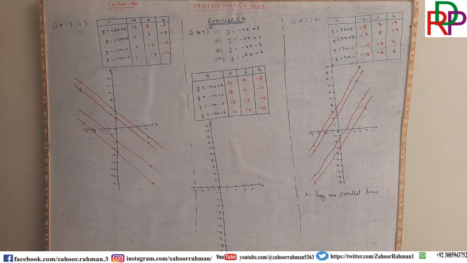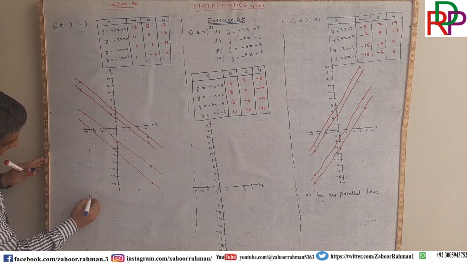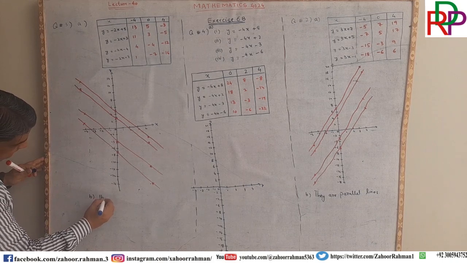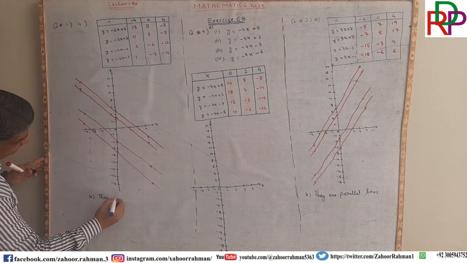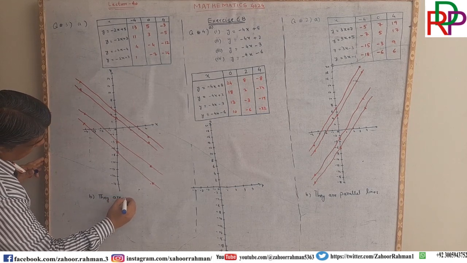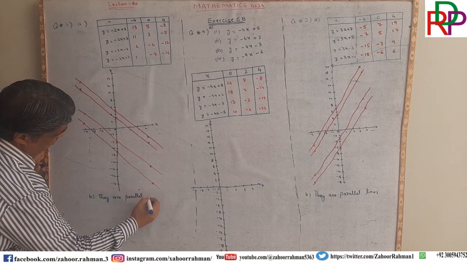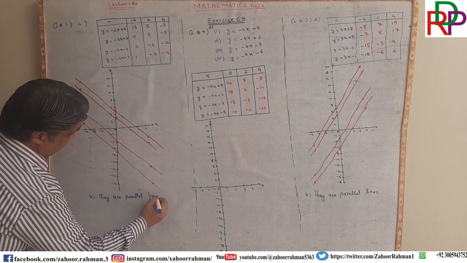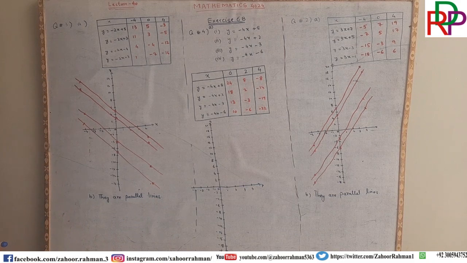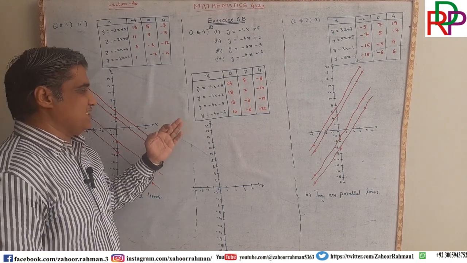So the graph will tell you automatically what is going on, and as my hands are telling me that there is something wrong, your hands will also tell you that you committed a mistake. They are parallel lines.